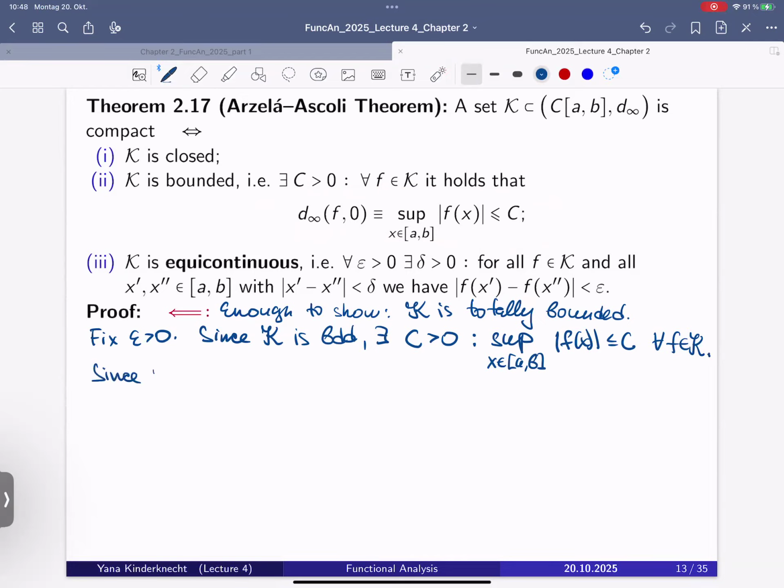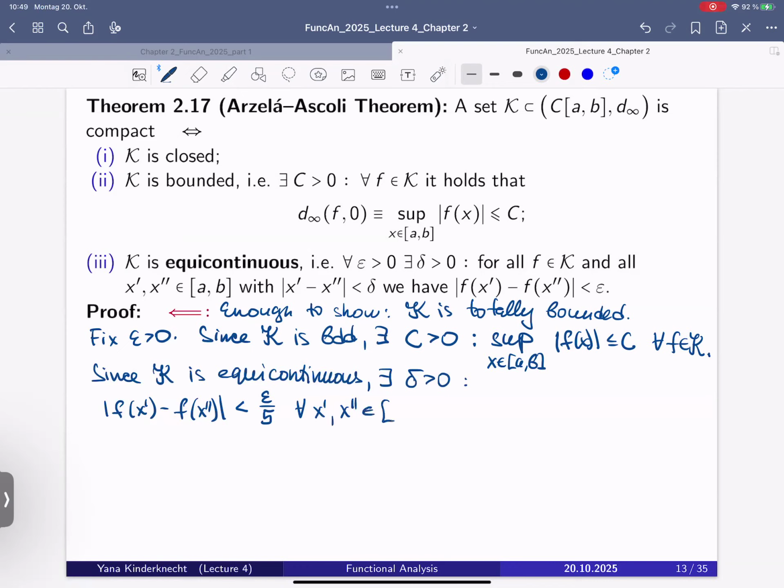Since K is equicontinuous, there exists a delta positive such that the absolute value of f of x prime minus f of x2 prime is smaller than epsilon over 5 for any x prime, x2 prime in this interval AB satisfying the condition that the absolute value of x prime minus x2 prime is smaller than delta.